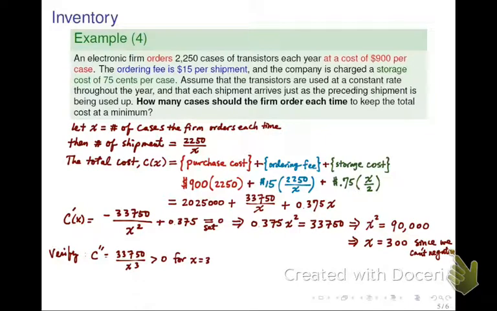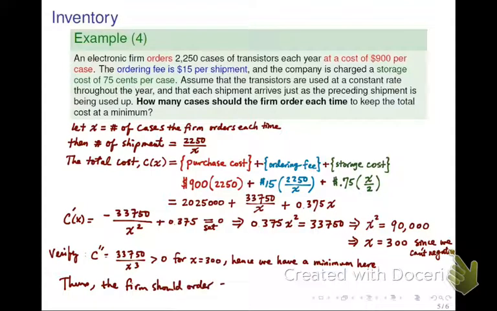And when you plug in x equals 300 in that expression, you'll see that this quantity is positive, which means that your function is concave up. If it is concave up, that means it reaches a global minimum. Therefore, we've verified that this indeed gives rise to a minimum. Hence, we're pretty much done with the problem. The firm should order 300 cases each time.